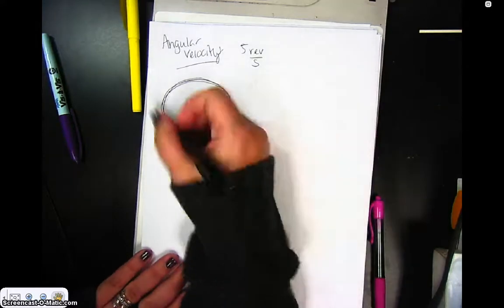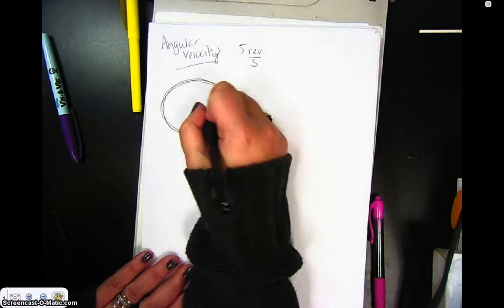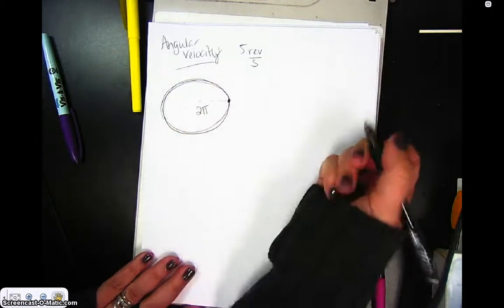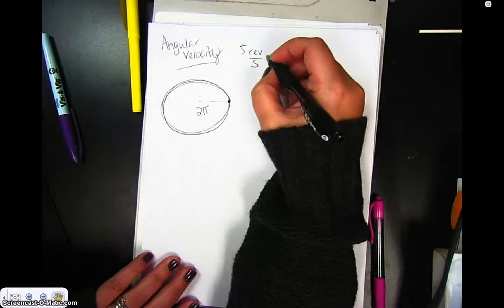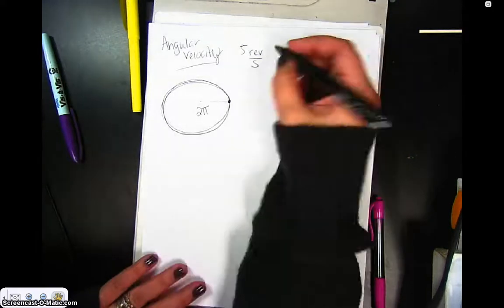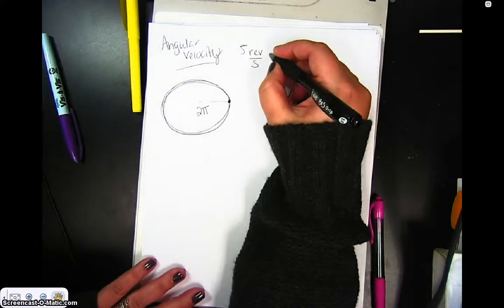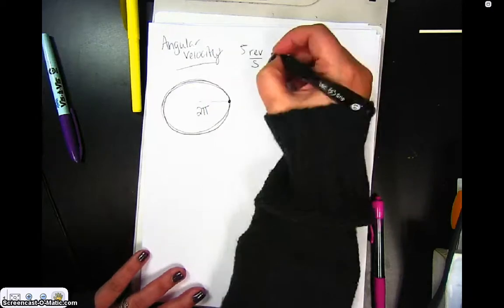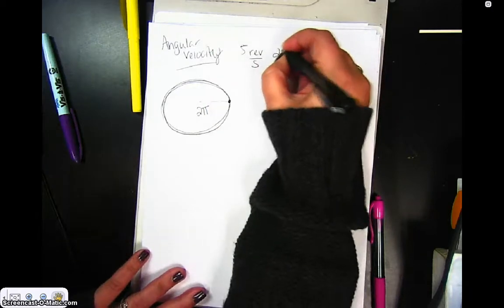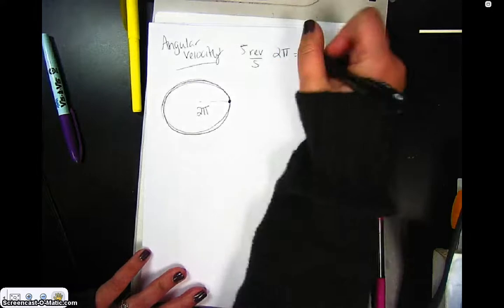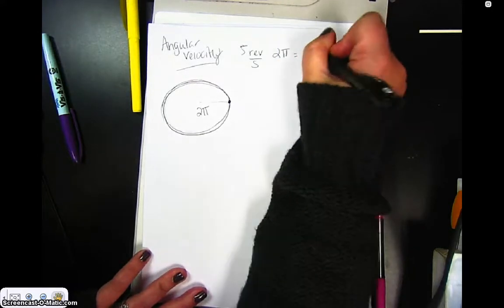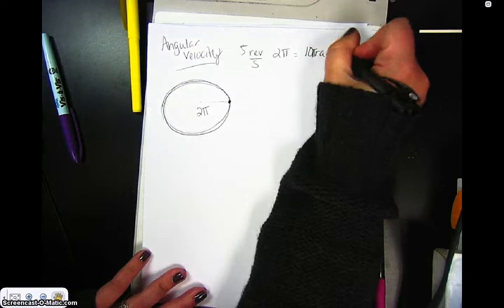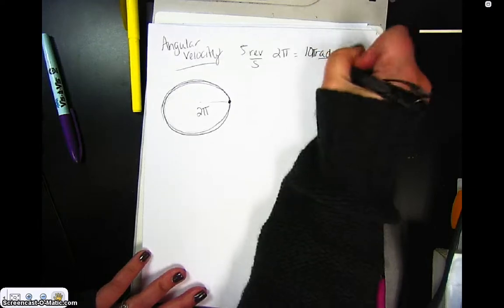So as you go around the circle, we know that going around the circle is 2 pi radians, right? So if I were to convert this to radians per second in order to get my unit into angular velocity, I would just multiply by 2 pi, and I would get 10 pi, and then the unit would be radians per second.